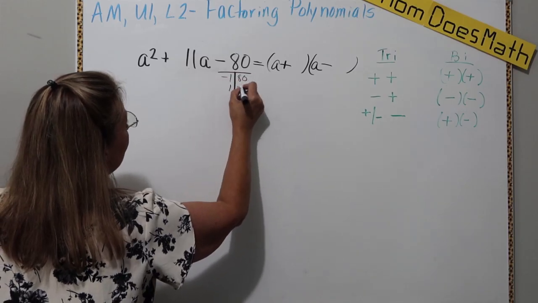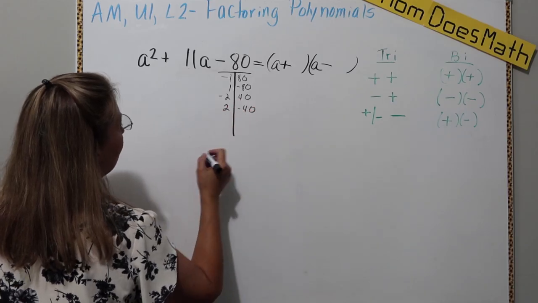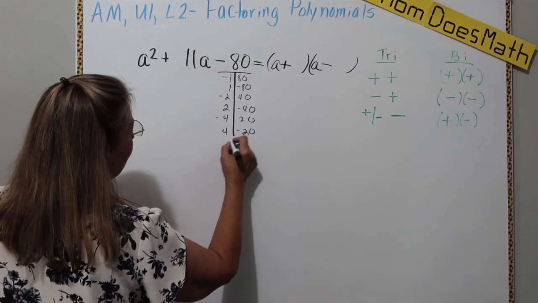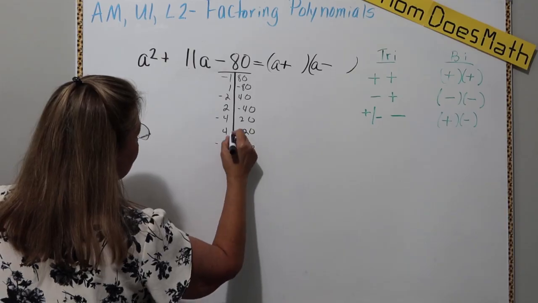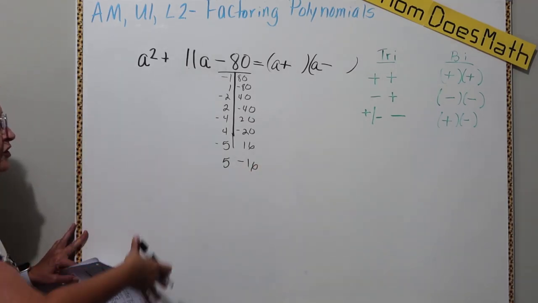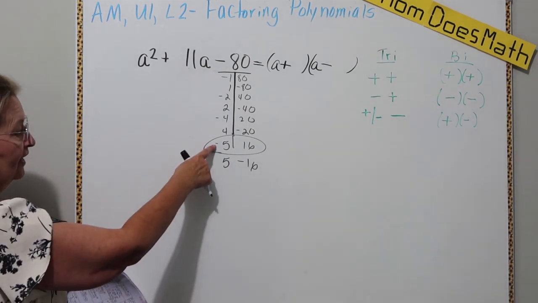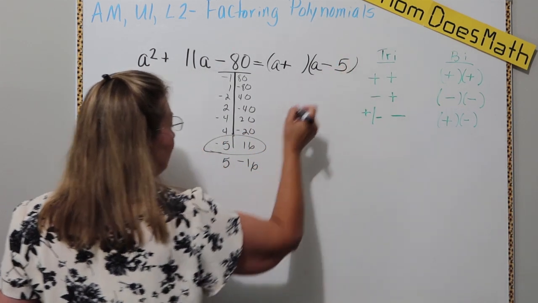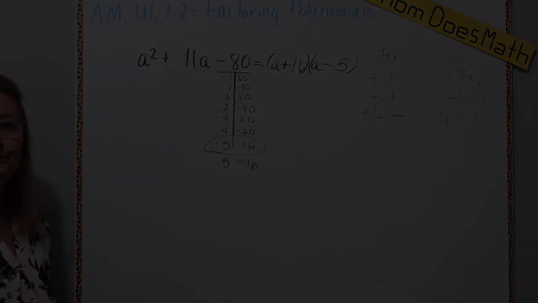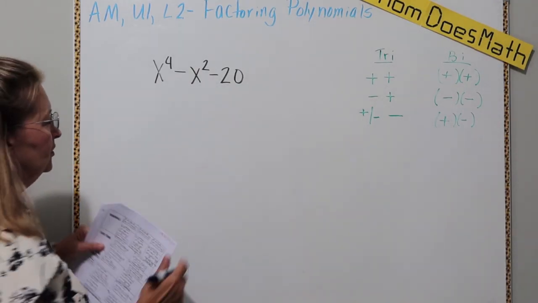Negative 1, 80; 1, negative 80; negative 2, 40; 2, negative 40; 3 won't go; negative 4, 20; 4, negative 20; negative 5, 16; 5, negative 16, and here's a winner. Once you find it, you don't have to go any further. Negative 5, 16. So the negative 5 is going to go where the minus is, 16 goes where the plus is, and you're done. And this is number 17, x to the 4th minus x squared minus 20.